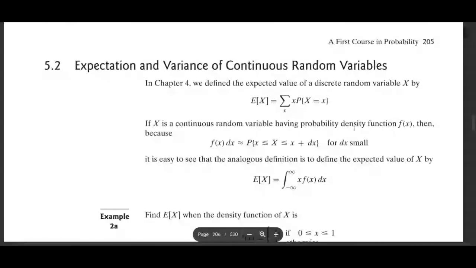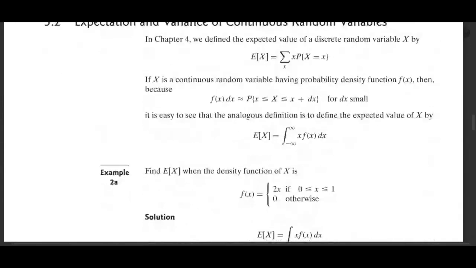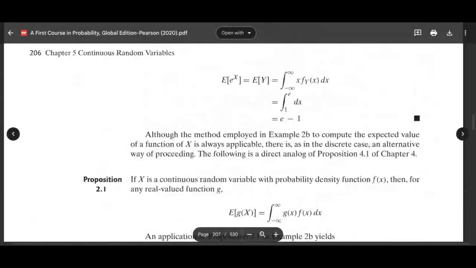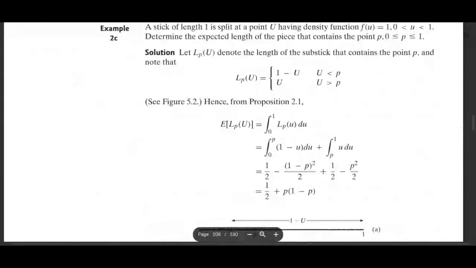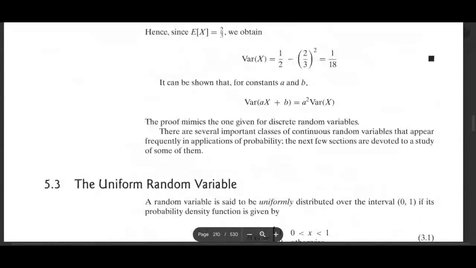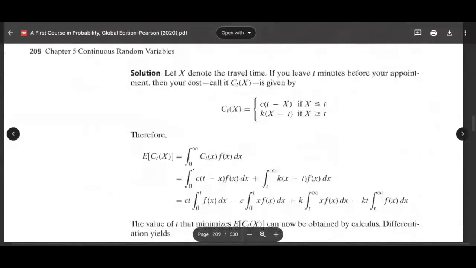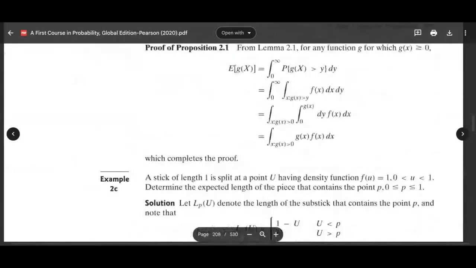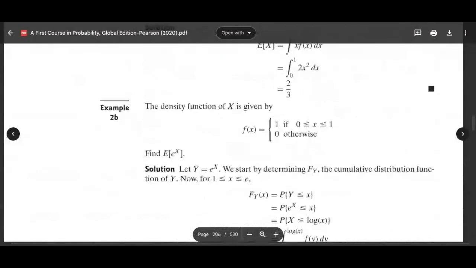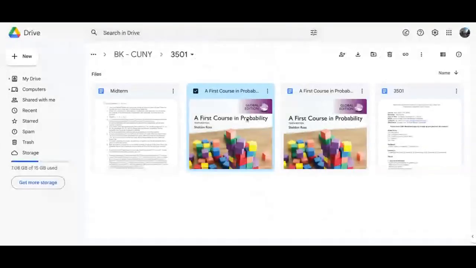Okay, let's see. Expectation and variance of a continuous random variable. Let's talk about this. Let me see how many more we have to talk about.